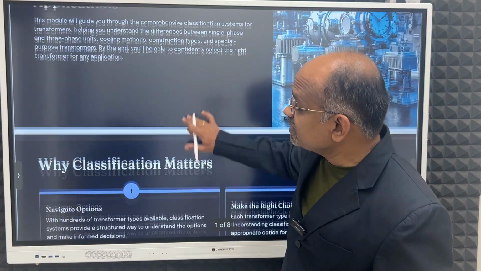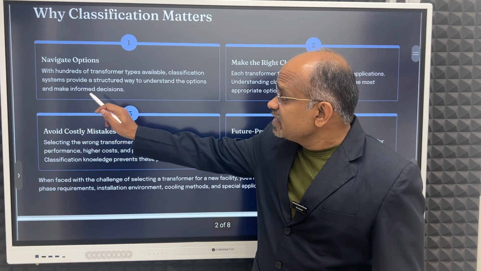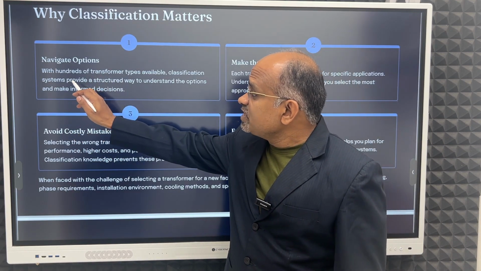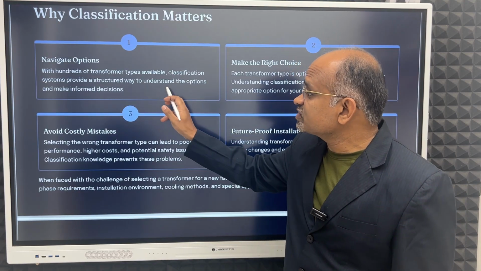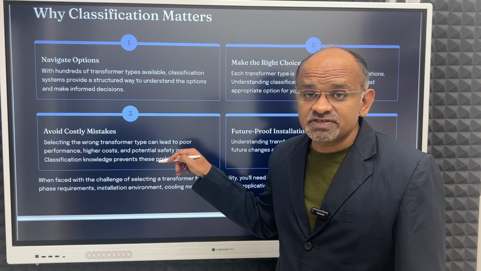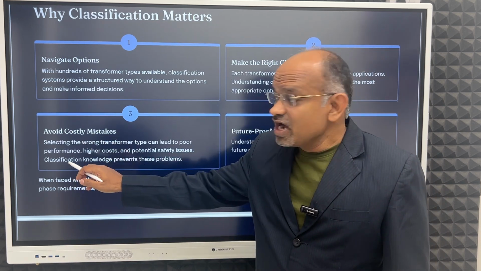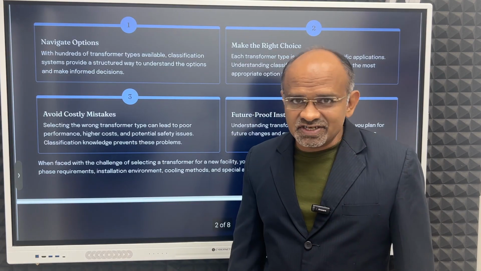Otherwise, what will happen? Let's see how to navigate the options. With hundreds of transformer types available, a classification system provides a structured way to understand them. This system is very much important. Otherwise we will make costly mistakes.